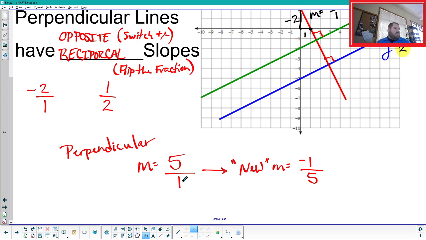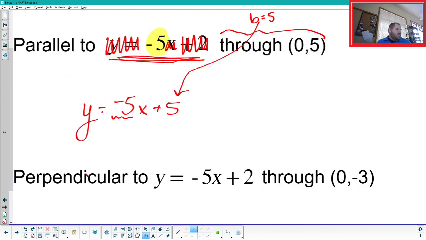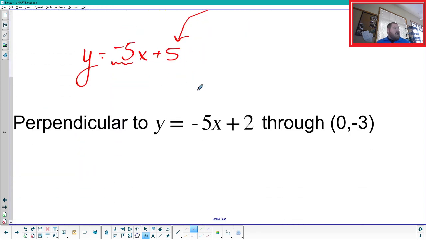So let's do that last problem that we have. I want a line perpendicular to y equals negative 5x plus 2. It's that same equation from before, and it goes through the point 0, negative 3. Again, that just means that b equals negative 3. And now I just need to find my opposite reciprocal slope.